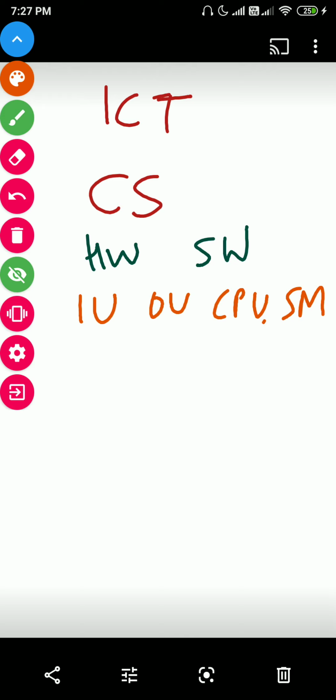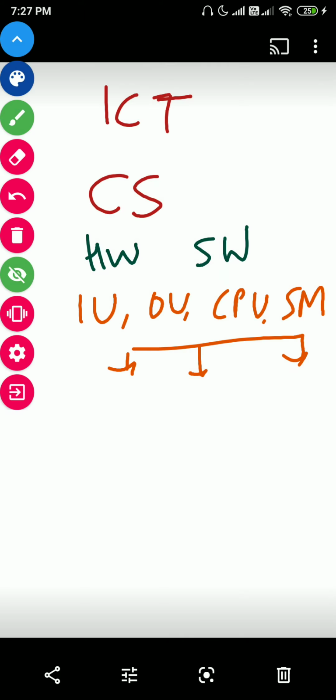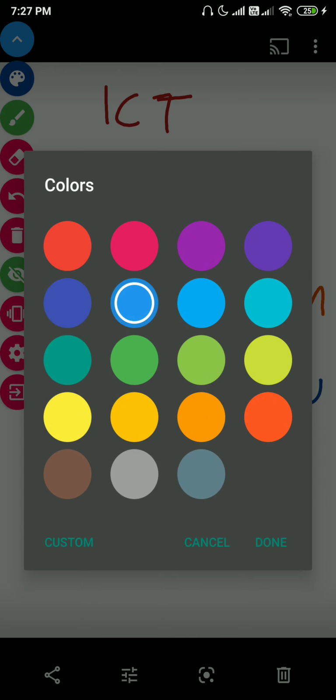CPU consists of three parts, which we already know: arithmetic logic unit, control unit and memory unit. What is ALU, what is CU, what is MU, we will study in depth.